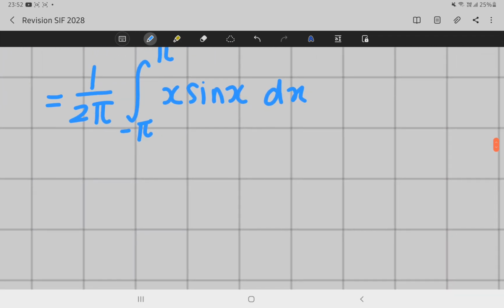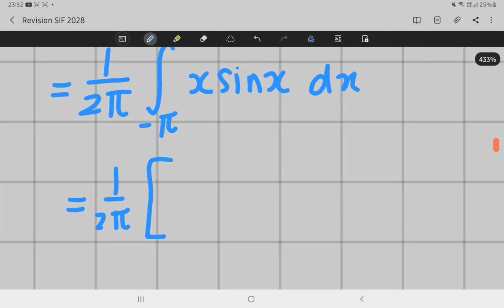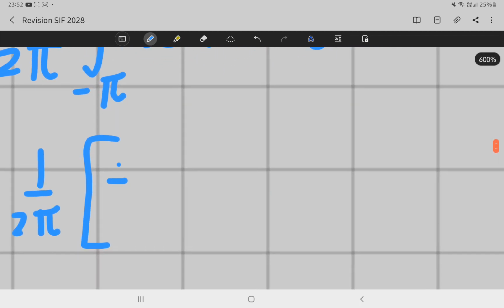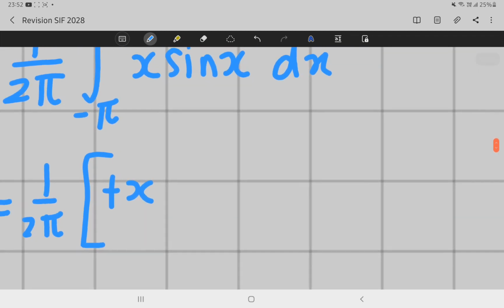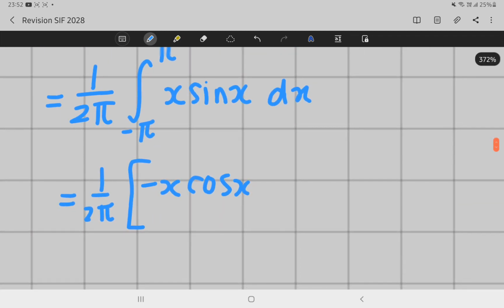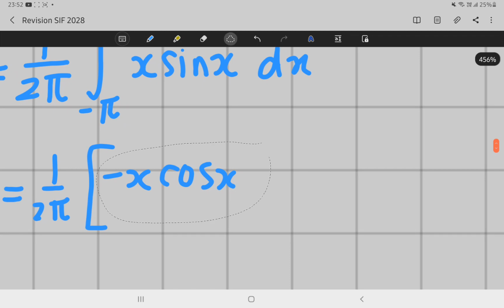So we need to use integration by parts, of course. So 1 over 2 pi, let me quickly evaluate this integration by parts. First, plus x; the integration of sine x is minus cos x, right? So minus cos x divided by the derivative of the inner function, which is 1. We don't have to write the 1.